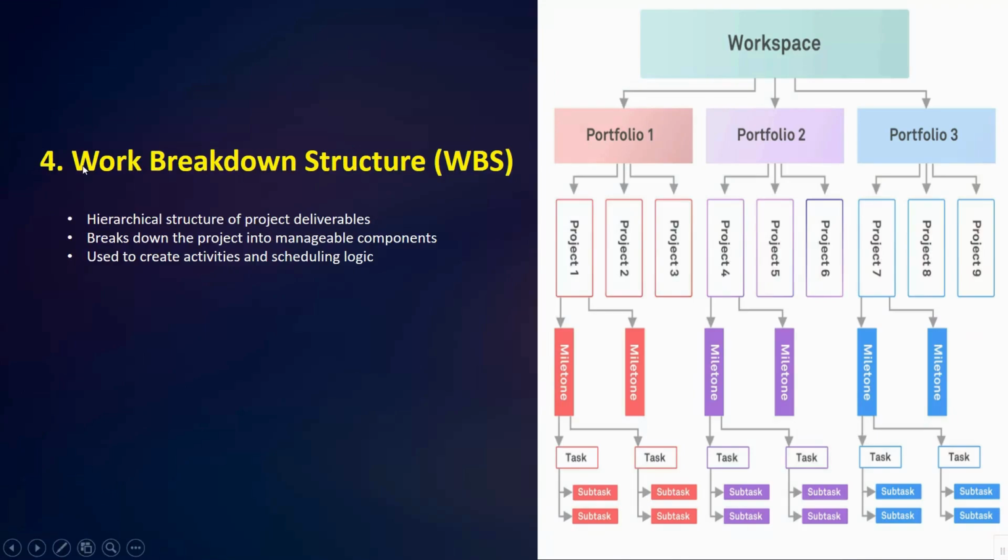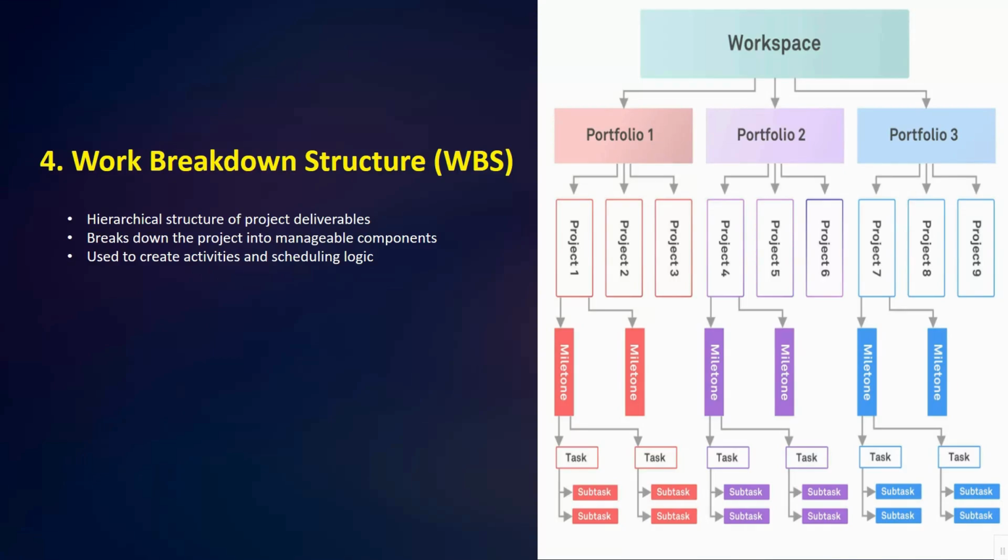So next we have number four, the work breakdown structure, or WBS. The WBS is the hierarchical structure of the project deliverables that breaks down the project into manageable components used to create activities and scheduling logic. Actually, the WBS is a structured breakdown of the entire project into smaller manageable parts.